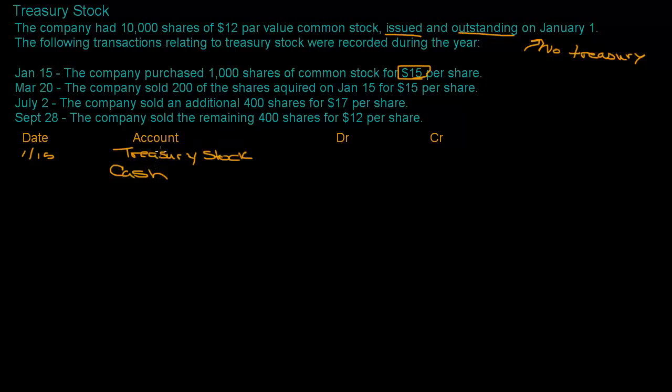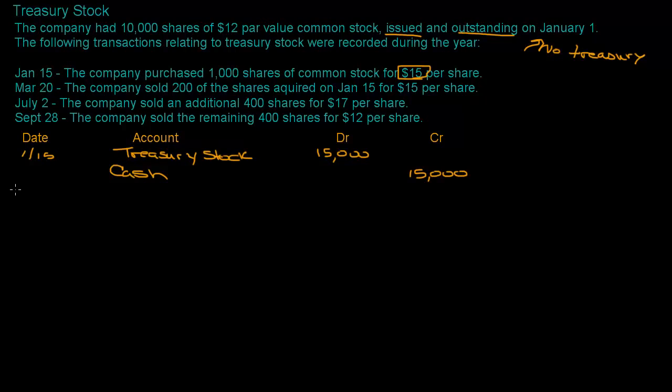Okay, so we've already said the company's going to pay for 1,000 shares at $15 per share. So I've got a credit to cash of $15,000. My treasury stock, remember we said we're going to treat this as if this were the stated value, so my treasury stock is also 15,000. Okay, so that handles 1/15.